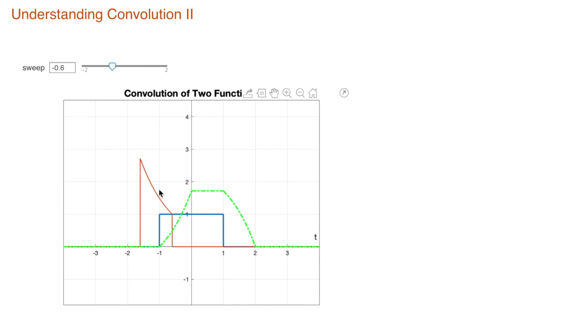And also when g of t exits f of t, there should be an exponential decrease for exactly the same reason. Remember, initially, this part of the function is going to be exiting first, but as we move across at a steady pace, the product of those two functions is going to be decreasing faster and faster as the slope is getting greater and greater, and that's exactly what we can see over here happening.